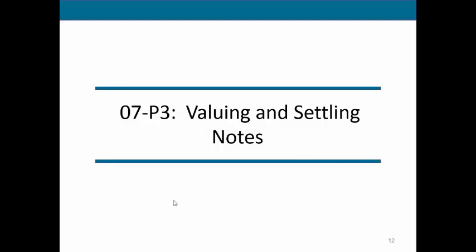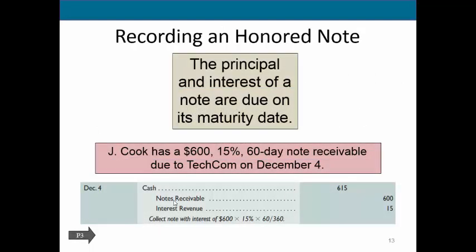So then how do we actually value and settle our notes? Here we have a company, the principal and interest of a note are due on the maturity date. So we had a $600,000 note at 15%, and it was a 60-day note receivable, so basically a 2-month note receivable.